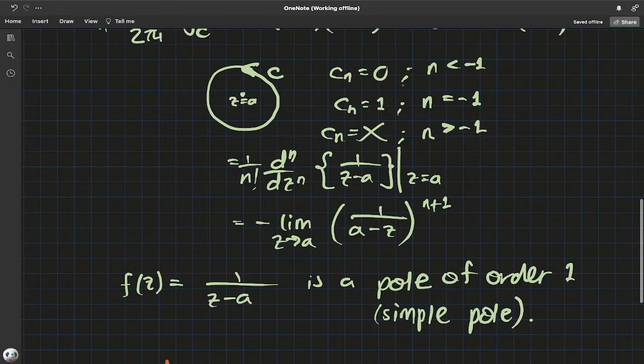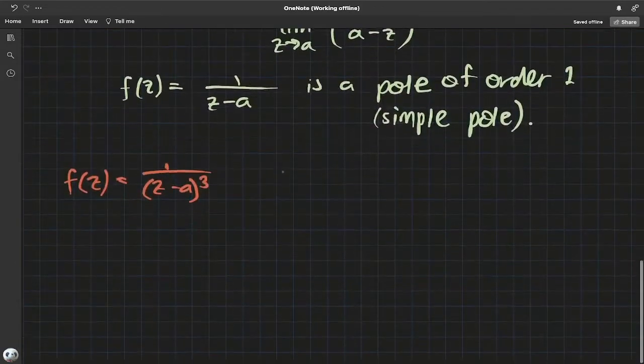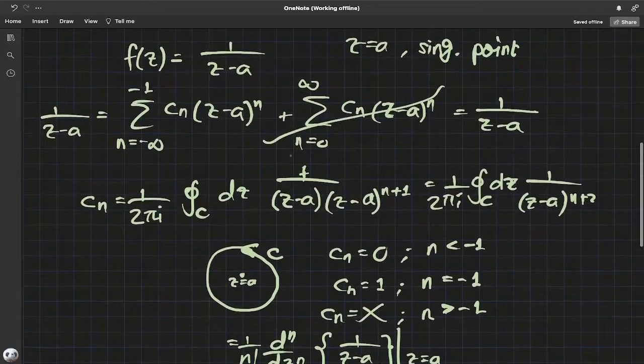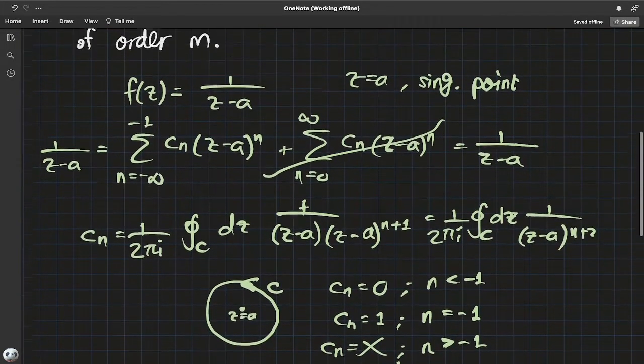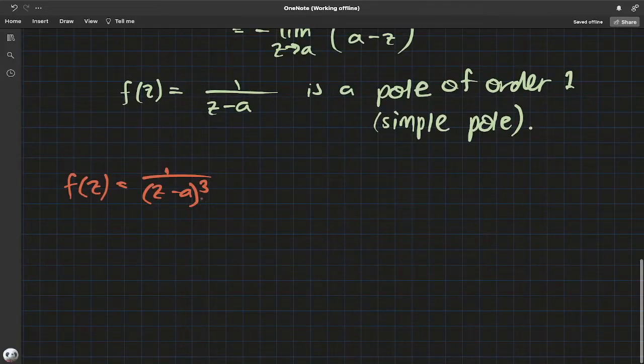So 0 for less than -3, 1 for equal to -3, and divergence for greater than -3. When you repeat all of these steps, you realize that in this entire expansion you just have 1 over z minus a to the third power as just the first term.